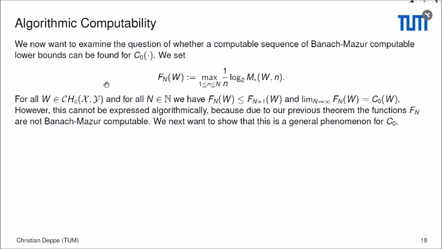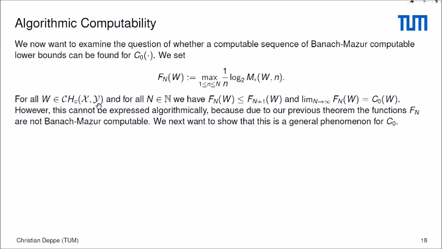We now want to examine the question of whether a computable sequence of Banach-Mazur computable lower bounds can be found for the zero error capacity. Therefore, we set F sub n of W equal to the maximum from 1 to n, this big N here, of these rates.